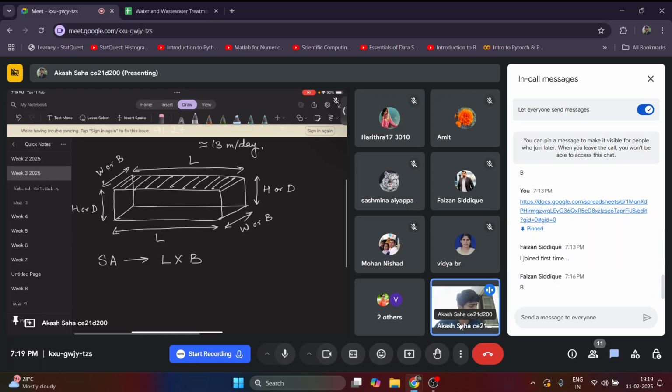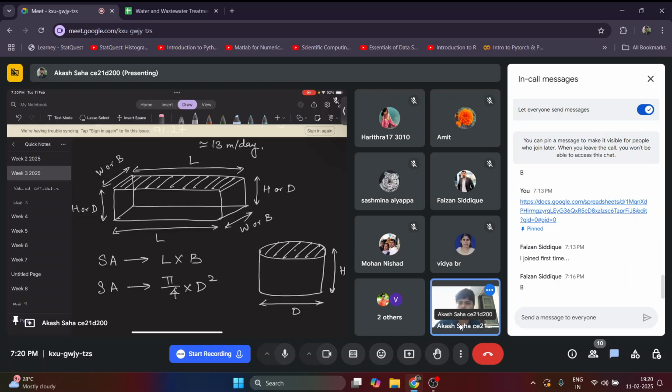Or if it is a circular tank, with this diameter D and this height H, the surface overflow rate will use this top area. That's why I did pi by 4 into D square. For circular it will be pi by 4 into D square.